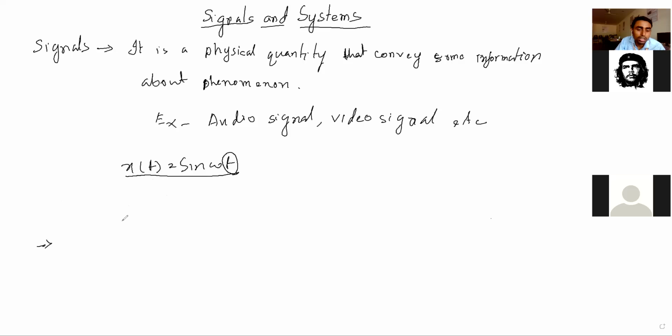Signals may depend on multiple independent variables also, like 3, 4, or up to n. If it depends on n variables, then it is called an n-dimensional signal. So this is all about signals.